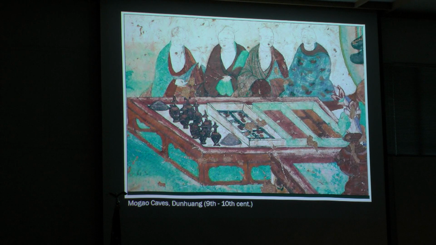Moreover, from the documents discovered in Dunhuang, we know that when a monk died, the monastic community organized an auction with the belongings of the deceased, including his clothing and accessories. This wall painting shows very well a group of monks in front of a box containing textile clothes, possibly monastic robes.